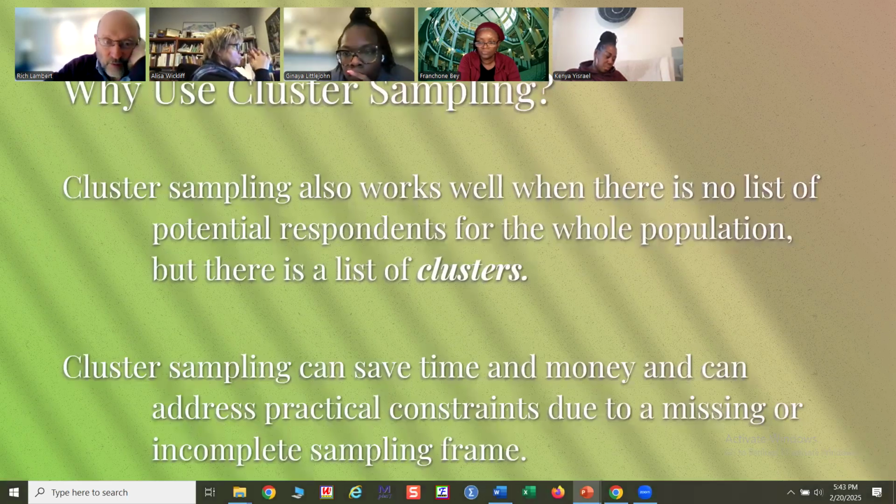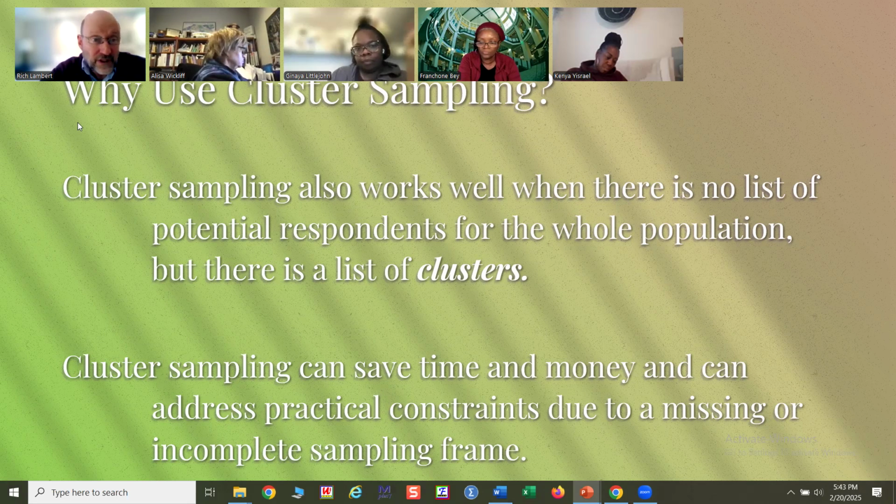And why do we use it? Well, again, it works really well when travel costs are involved. And so it might be impractical to work with a real simple random sample or a stratified random sample. But it also works really well when there is no list of potential respondents for the whole population, but there is a list of clusters.